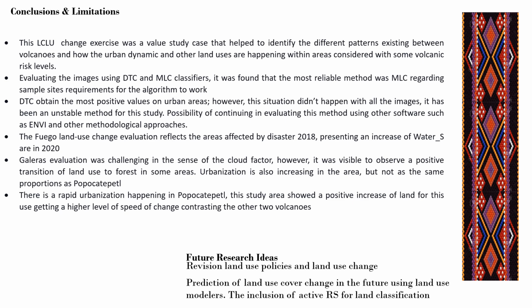However, DTC has a lot of algorithms that are worth continuing to explore. And it was possible to see the disasters in 2018 and the consequences on land change for Galeras and Fuego, and the rapid urbanization that's happening in Popocatepetl inside of lahar zones.